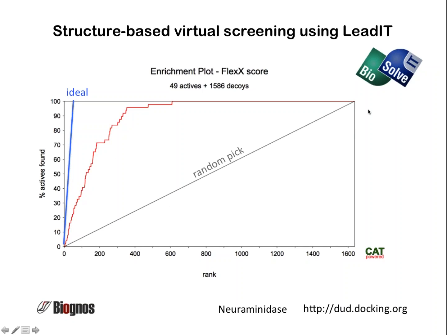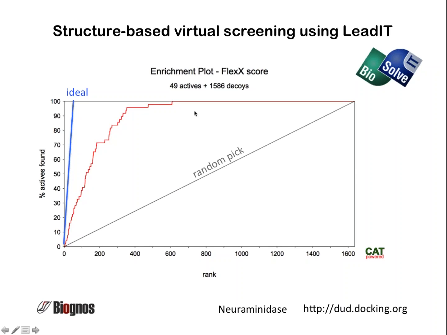The diagonal here represents the success rate when you pick compounds randomly. If you have half of the library tested, then you probably have 50% of the actives found. That is rather straightforward. The ideal case, of course, would be if you test 49 and have all of them found. That's very idealistic.